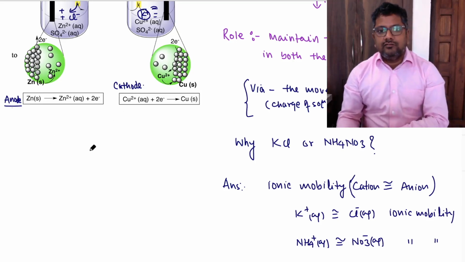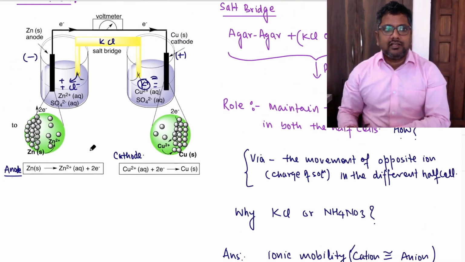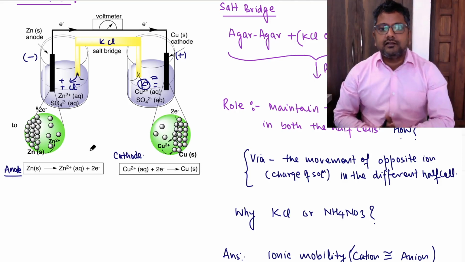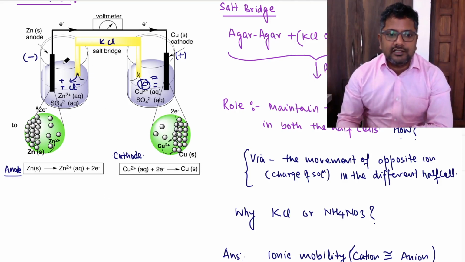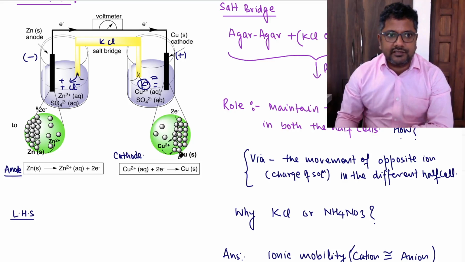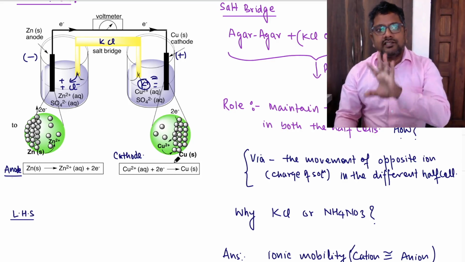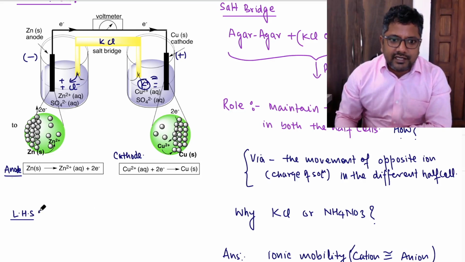So how do we write a complete cell reaction? Now I am giving you a general idea of how to write a complete cell reaction. I am not considering which is the anode, although this is the anode, but I am writing this LHS. From now onwards, every time I write LHS and RHS. Whatever cell is given, I always do this and always write reduction as the standard.